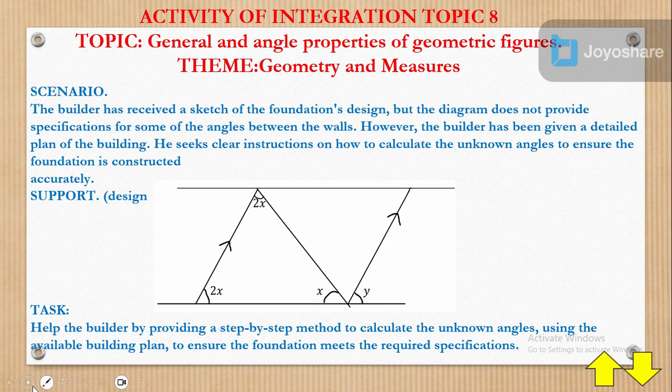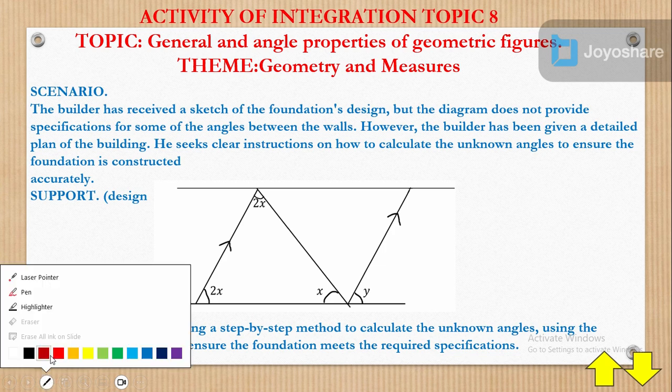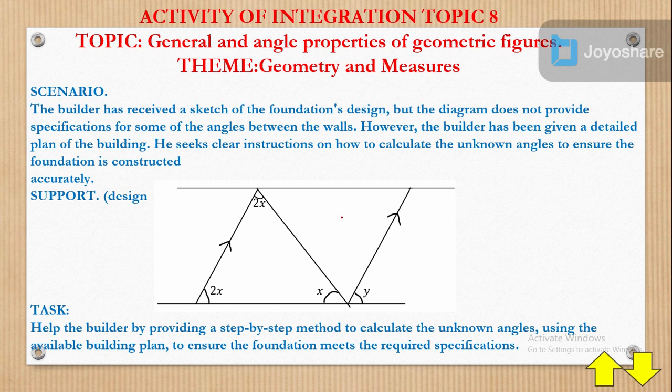But before we start, let's first comment on this. Please take note: the angles which make a letter Z, like here, angle there and angle there, we call alternating angles, and they are always equal.